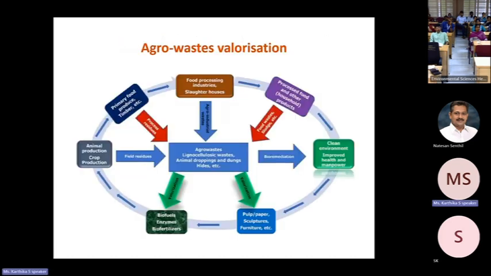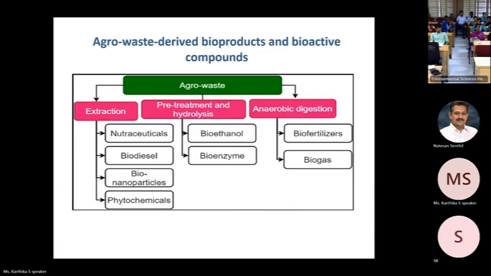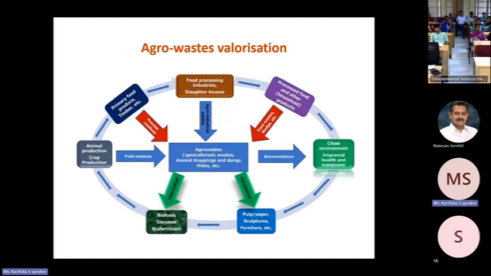Then another thing, agro waste valorization. Again, it will depend on the products, depend on the material generated. So you can use this model, agro waste, that is the lignocellulose waste, animal dropping, and dung.